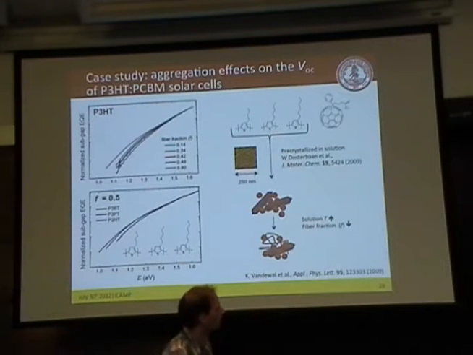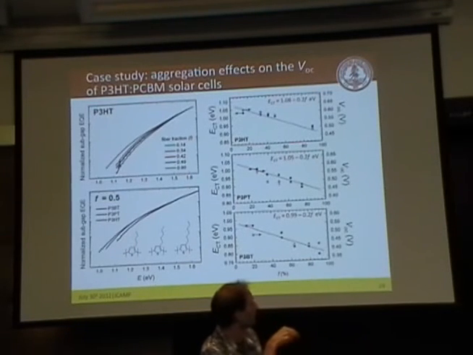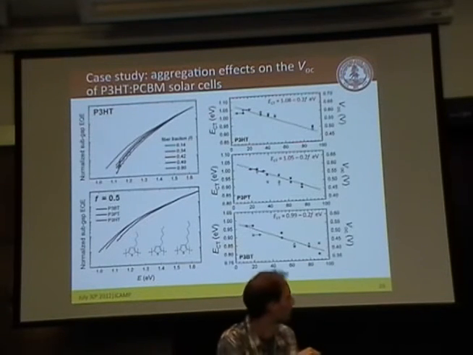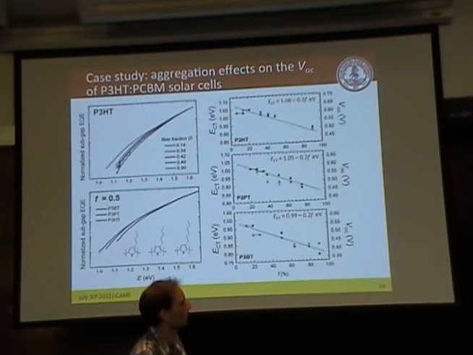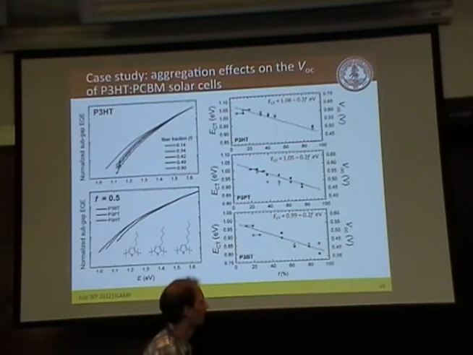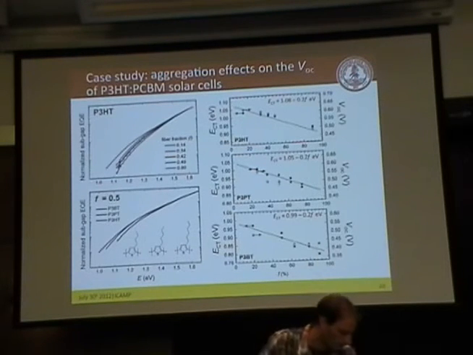If you plot all that, the energy of the CT state is plotted here in black, and the VOC is plotted in the open squares. You see it's mainly correlated to the energy of the CT state. That difference is also pretty easy to explain. Right, so that was for crystallinity.